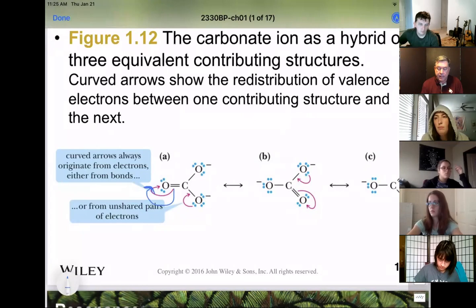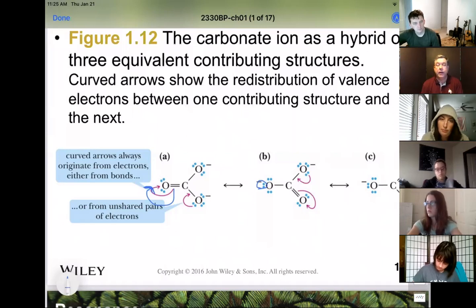When we do that, that puts the lone pair up on this oxygen, and we have to make sure that our center atom still has 8 electrons. So to do that, we're going to take 2 electrons from a neighboring oxygen and go back and create that double bond. Okay, so that gives us our second contributing structure.